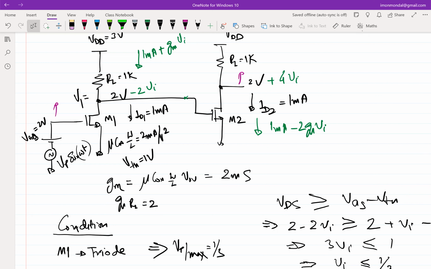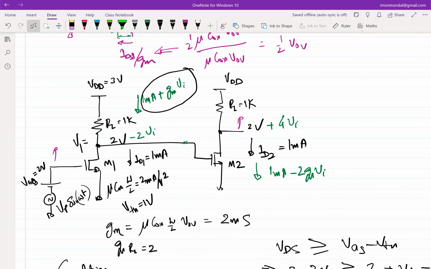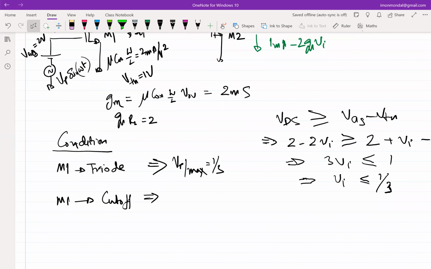Total incremental plus quiescent current is 0, which means you have to set this to 0. So the lower limit is set by current going to 0, not the absolute current, so quiescent current plus incremental current. That's the definition of absolute in this sense. So obviously this becomes 1 milliamp by GM, and GM is 2 millisiemens, so that is half. Or rather, let me say VP min is 1 by 2 volt.